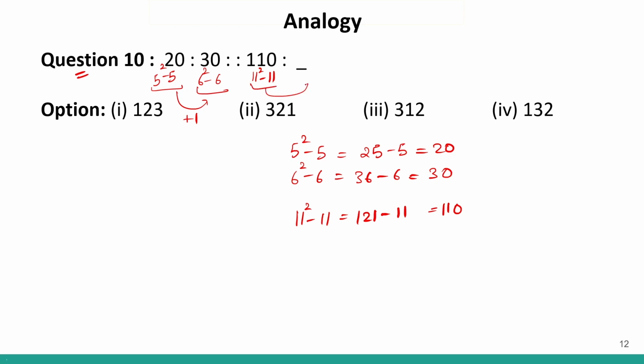So over here also we will go plus 1. If I go plus 1, I will get 12 square minus 12. Correct? So 12 square minus 12 will be how much? 144 minus 12. So 4 minus 2, 2. 4 minus 1, 3. And 1 I will get. So answer will be 132. 132 is given in which option? Option number 4. So option number 4 will be the correct answer to this question. Clear? Option number 4 is the correct answer.